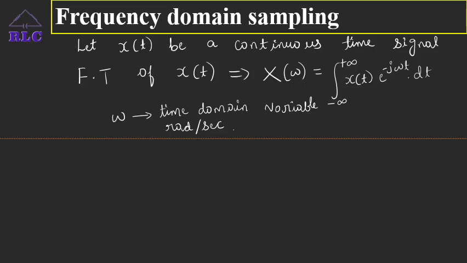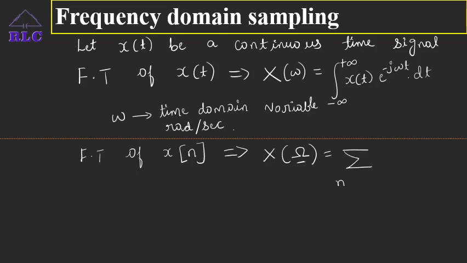Next, the Fourier transform of a discrete time signal, say x of n. Let x of n be the discrete time signal. The Fourier transform of discrete time signal x of n is given by X of omega. Here this is uppercase omega is equal to summation n tending from minus infinity to plus infinity x of n into e power minus j omega n.